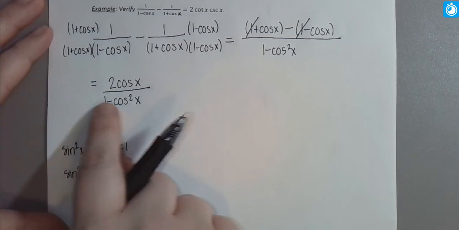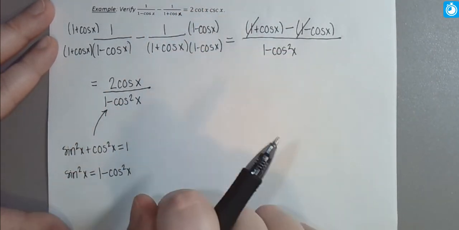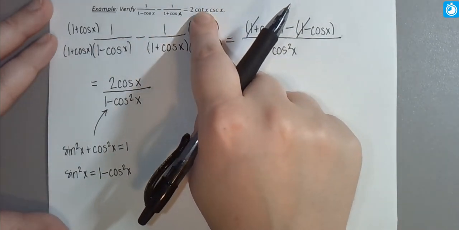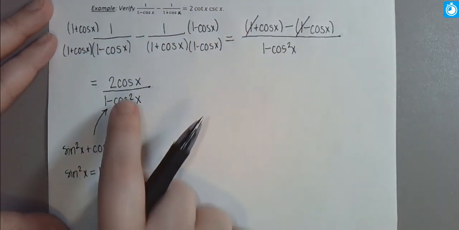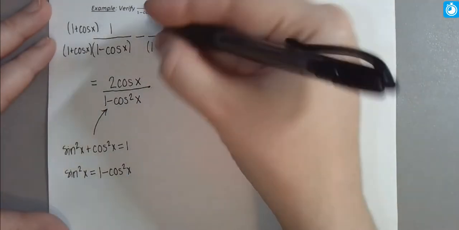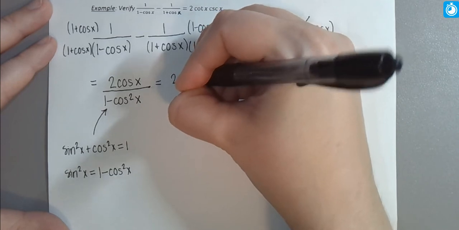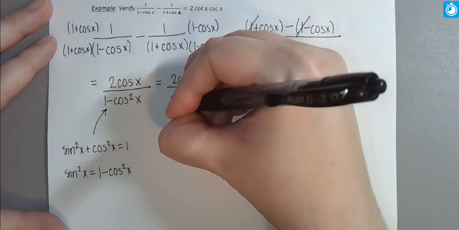So I'm going to take the 1 minus cosine squared, which again is not represented in my final answer, and I'm going to replace it with sine squared, which is going to be a little bit closer to what I want, because remember, cotangent would be cosine over sine. Well, if I can get this sine squared here, I'm going to be on the right track. So I'm going to replace that denominator using that alternate version of that Pythagorean identity.